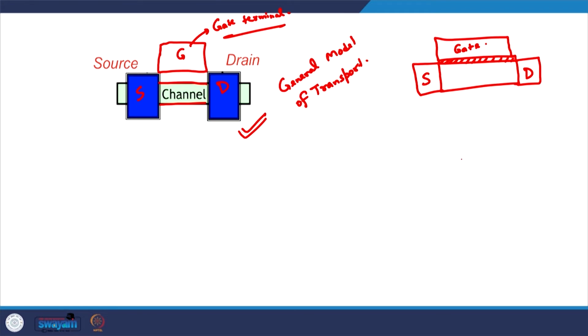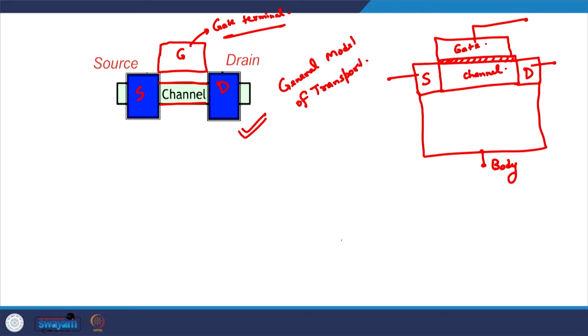In our conventional semiconductor MOSFETs, generally this is how the device is, and this remaining contact is known as the body contact, the fourth contact. It is not extremely important. In order to understand the essential physics of the MOSFETs, we will try to understand it from the 3 terminal point of view, and then finally we can account for the body contact as well. So, this is how typically the MOSFET looks.